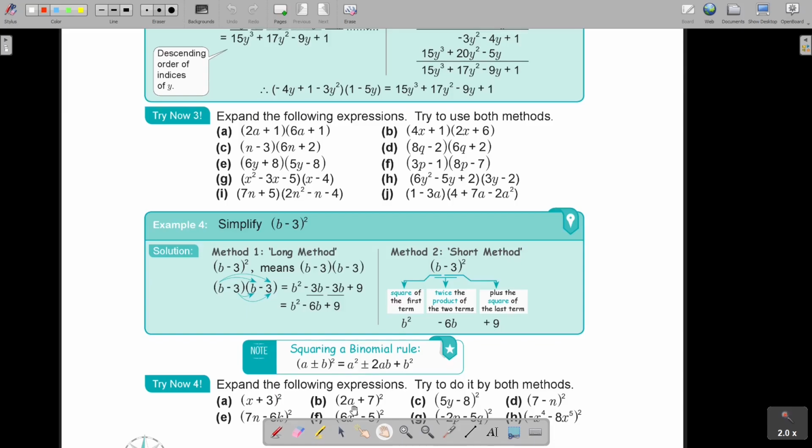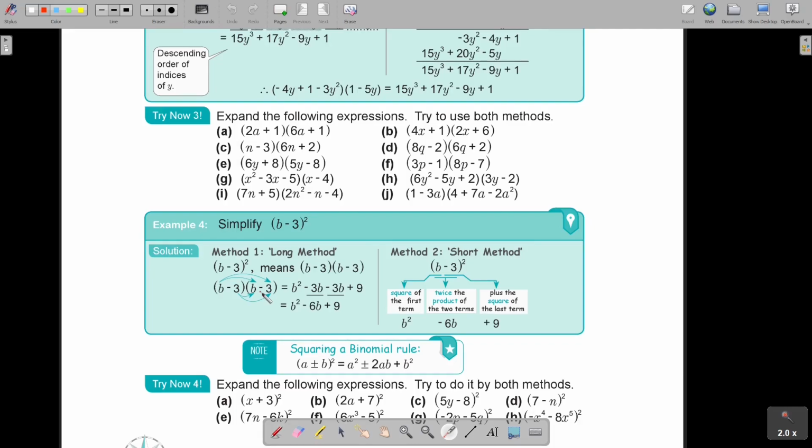The long method, and you can do either one. So you must write out that bracket 2 times. Please never square. That's incorrect. There are 2 terms inside. You can only do it when there's 1 term. And then you multiply, and you add your like terms. That's the long method. I want to also show you the short method, because sometimes if I show the short method, people don't leave out the middle term.